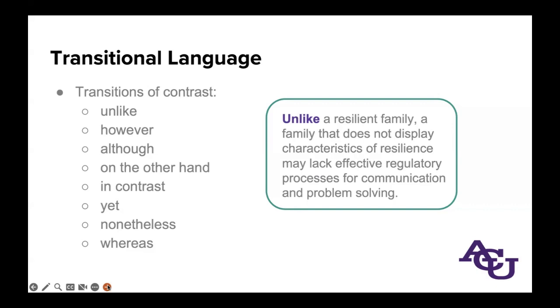Unlike a resilient family, a family that does not display characteristics of resilience may lack effective regulatory processes for communication and problem solving. So these are ways to talk about difference, transitions, but there are also transitions of comparison that you will be using in your writing.